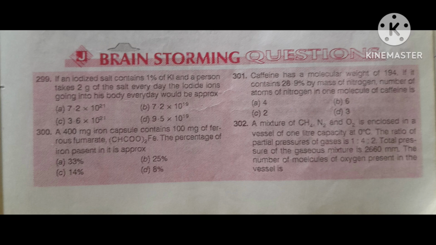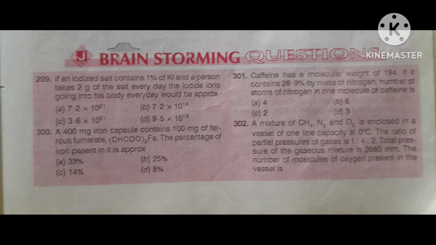Now one more question I want to discuss. Question number 302. A mixture of methane gas, nitrogen gas and oxygen gas is enclosed in a vessel of 1 liter capacity at 0 degree centigrade. The ratio of partial pressures of the gases is 1:4:2. Total pressure of the gaseous mixture is 2660 mm.